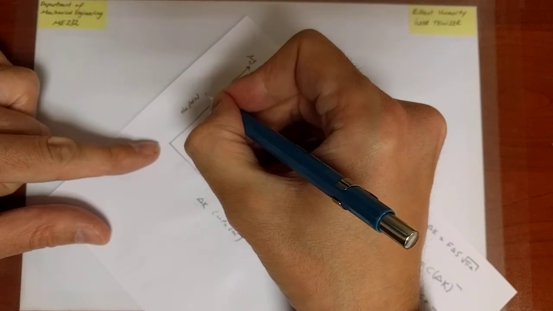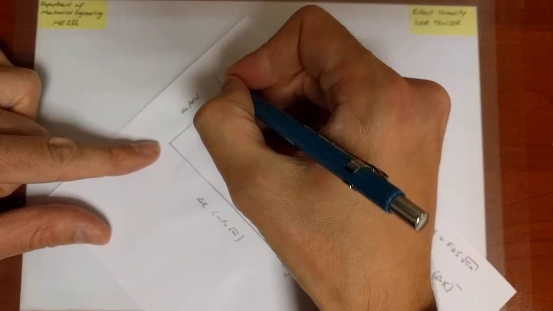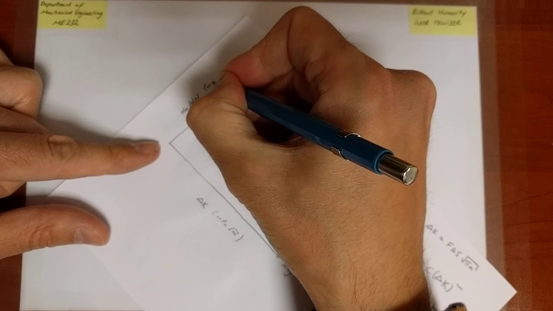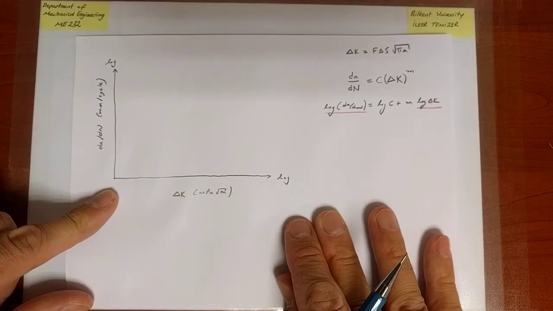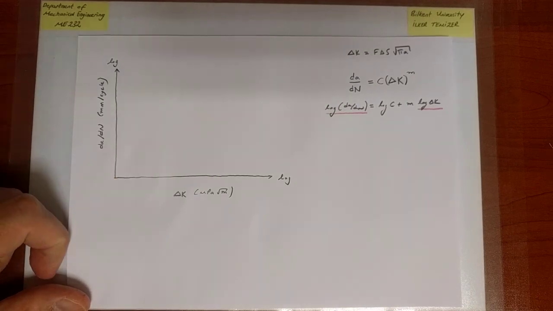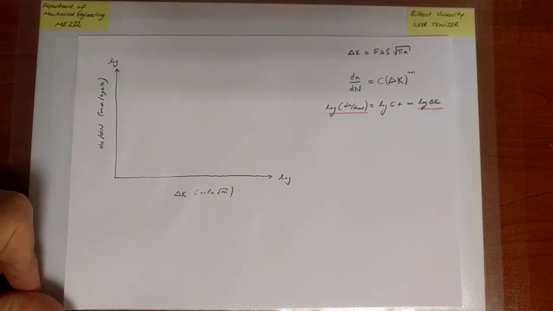Now the typical units for this is millimeters per cycle.